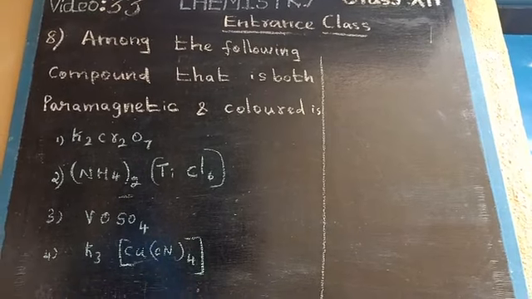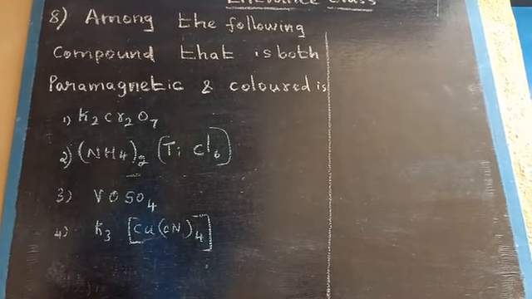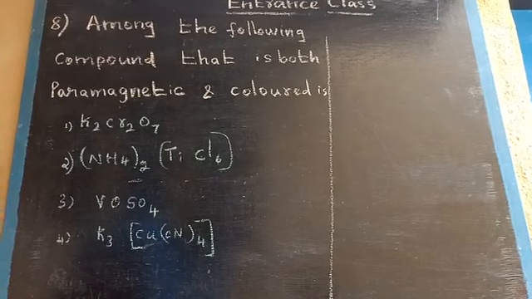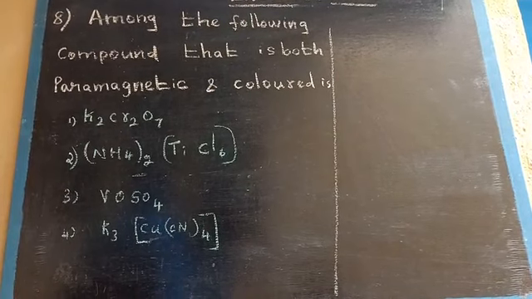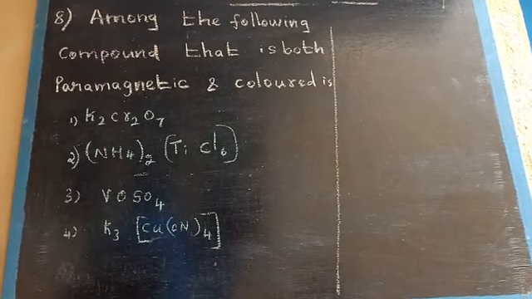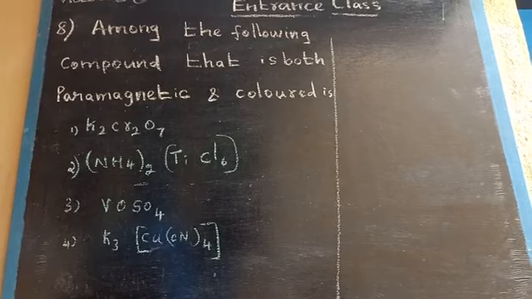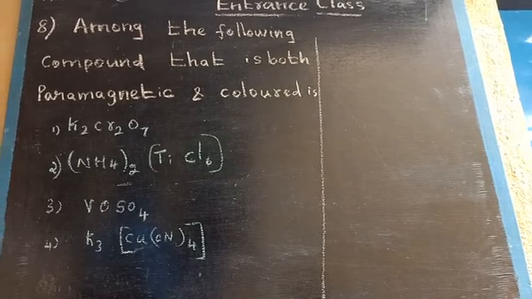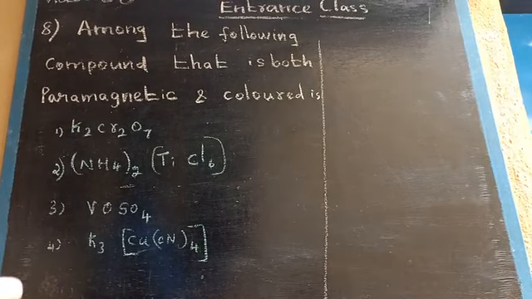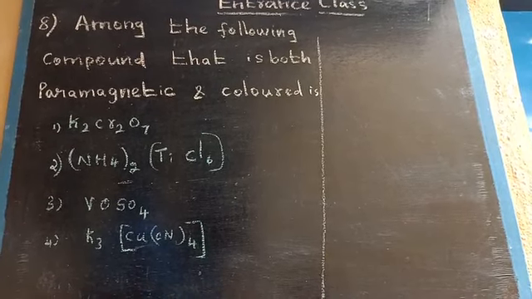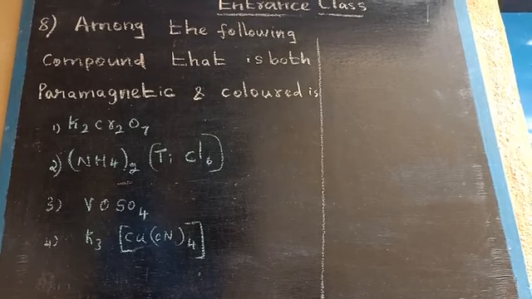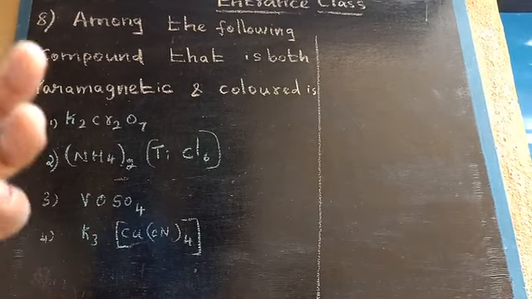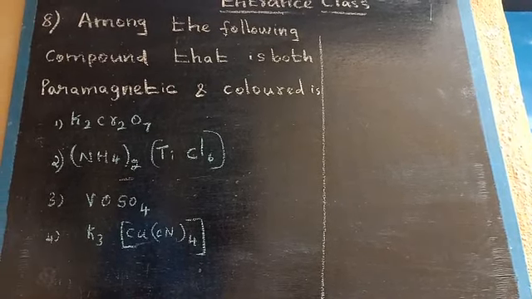The next question: among the following, the compound that is both paramagnetic and colored. First we need the meaning of paramagnetic. Paramagnetic means the metal has unpaired electrons. If even a single unpaired electron is present, we call the compound paramagnetic in nature.